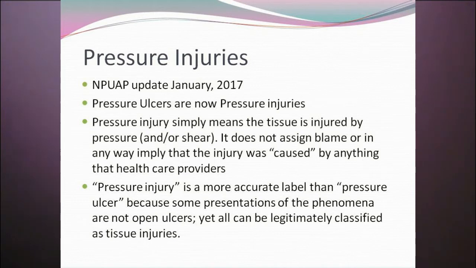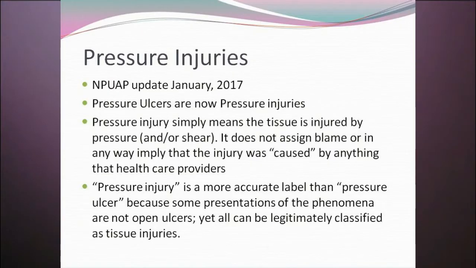So that is a little bit of a controversial issue. And again, if you get into some of the wound literature and you go to different seminars, you may hear some more discussion about that. But it is an important distinction to know that we are now referring to pressure ulcers as pressure injuries.